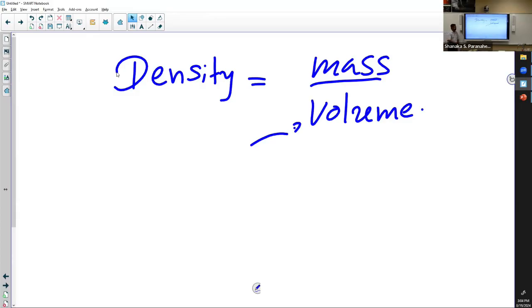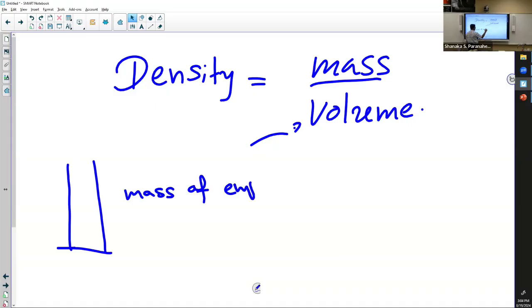Okay. So in order to measure the mass of a liquid, we can follow a simple experiment like this. We are going to take an empty graduated cylinder and take the mass. So mass of empty graduated cylinder.